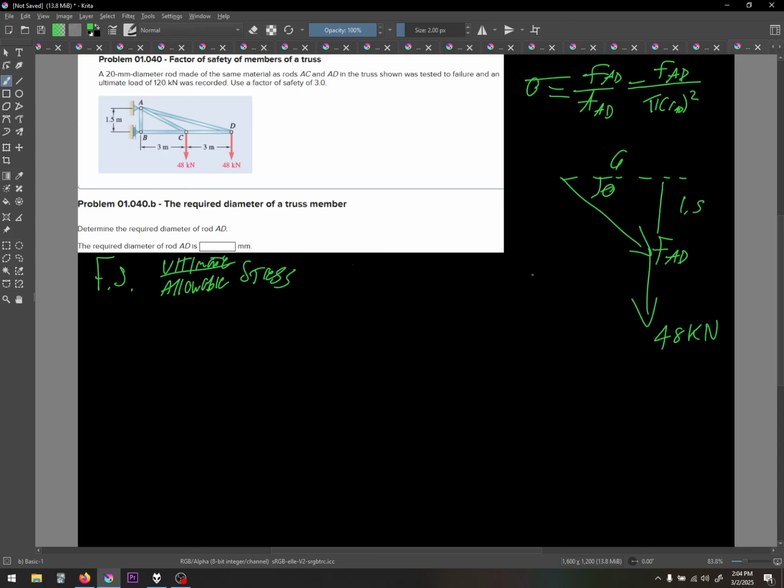So we can say that theta is equal to the tan inverse of opposite 1.5 over 6, which is going to be 14.036.